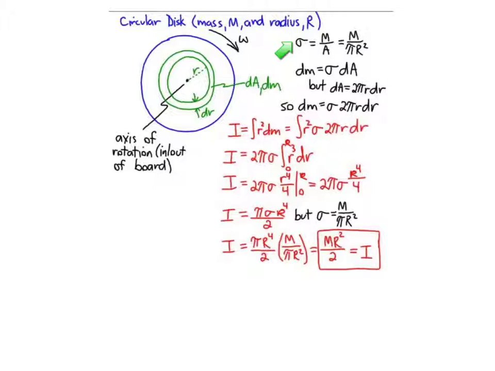So sigma could also be represented as dm over dA, which then can allow us to use the algebra to get dm is equal to sigma dA, where dA is defined as 2 pi r dr. So now we have an expression for dm which we can substitute into our integral, pull out all our constants, and evaluate the integral, and this is the result of the moment of inertia of a circular disk.